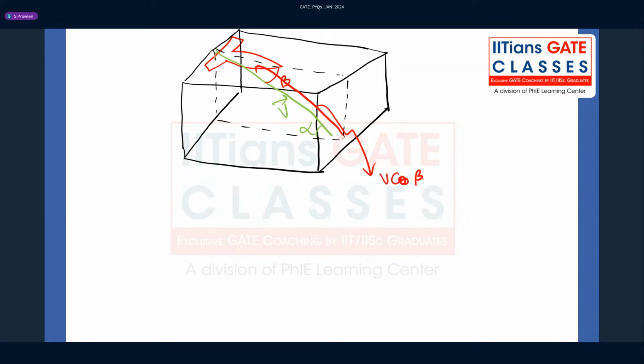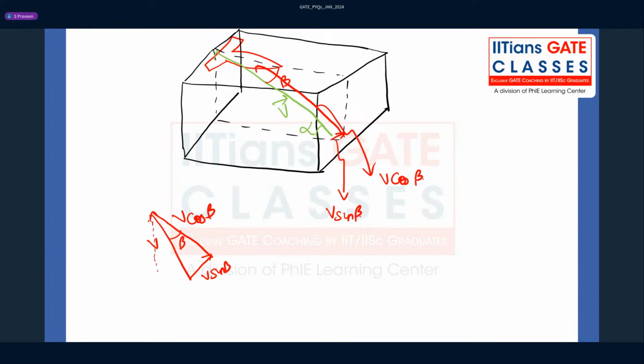And this velocity would be what? V sine beta, correct? Now let me draw this once over here. So you have a velocity vector coming in, and on this plane you're projecting this V cos beta. This is V, and this is my V sine beta. So this is my beta angle.